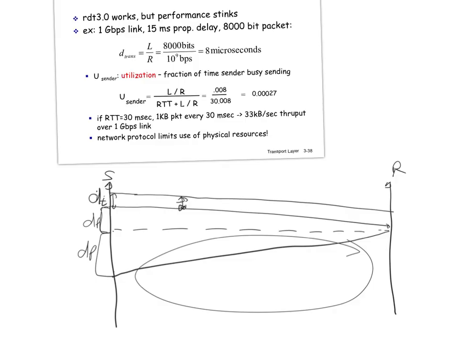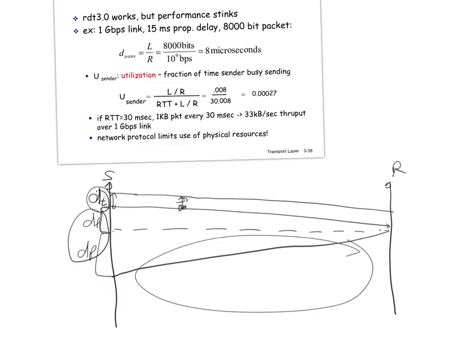Because both are signals, it doesn't matter whether it's a segment or an acknowledgement, both of them get converted to a physical signal which travels over the line. Anyway, so we have 2 propagation and 1 transmission. This is for sending only one segment.